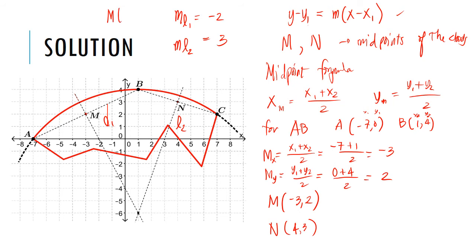So we have -3, 2 for line 1 or perpendicular bisector 1, and for line 2, L2, we have 4, 3. So we are now ready, because the requirements for the point slope formula to find the equation of the perpendicular bisectors have already been met.